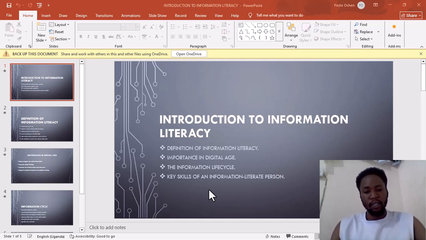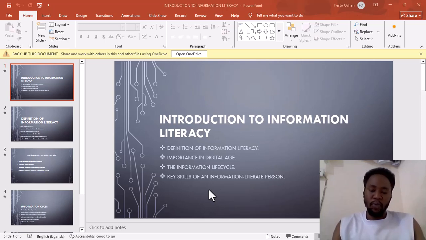The next slide will be talking about the information life cycle, because the way we communicate is always arranged so that information passes from the sender directly to the receiver, following the official ways of communicating.